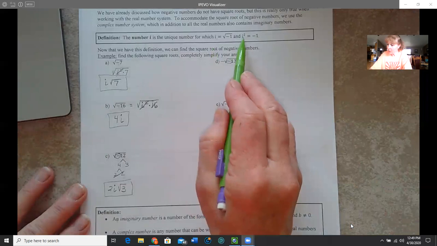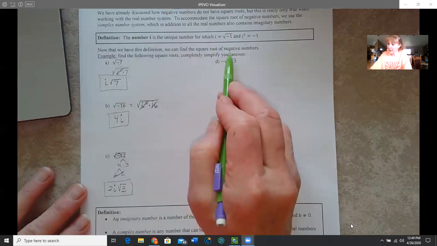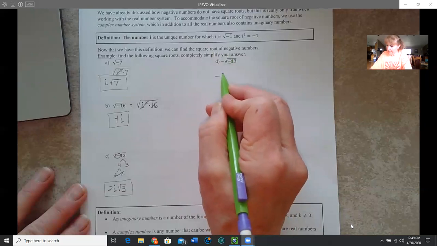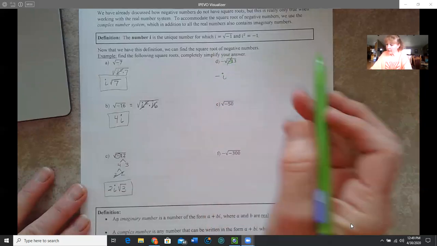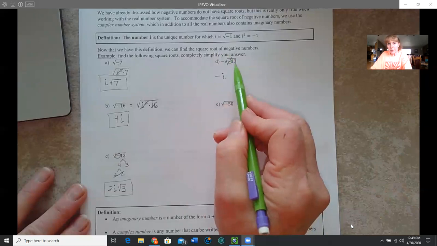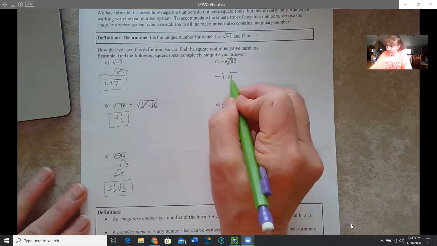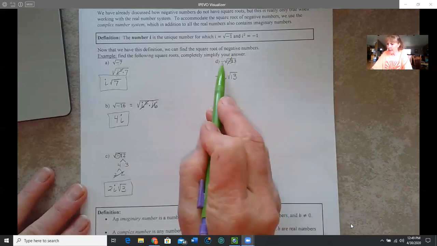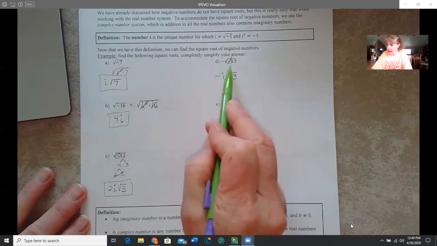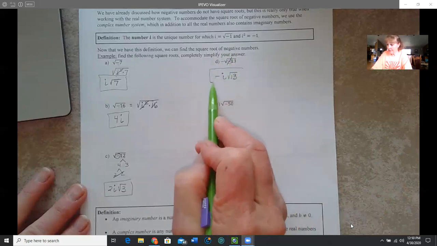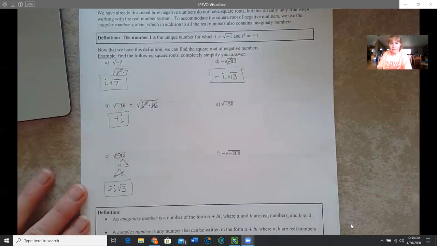Because we have an i squared, if you have 2 of something, it comes out. So we'll have a -i. Now the 13 can't be reduced. There's not 2 of anything. So it stays. So your answer is -i, and then the square root of 13 stays. And there's your answer.